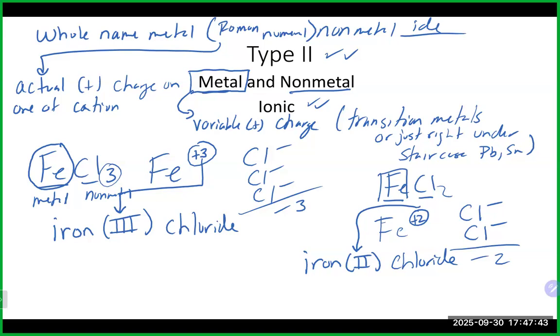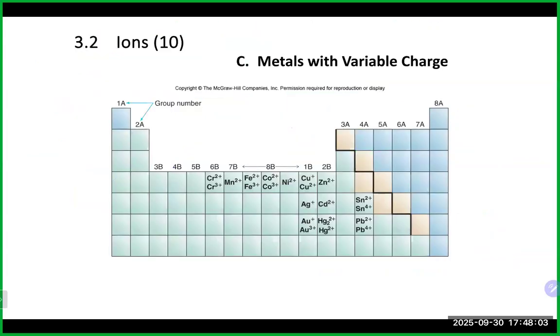So sodium will only be +1. It'll never be anything else. So you don't need to tell people it's +1, because it should never be anything other than that. On the ones that have variable charges, you do need to use a Roman numeral to tell everybody what the charge is on that one. Any questions on that?